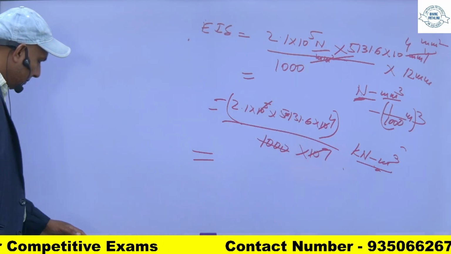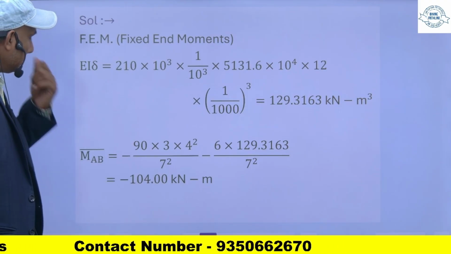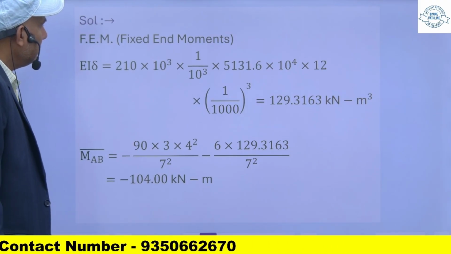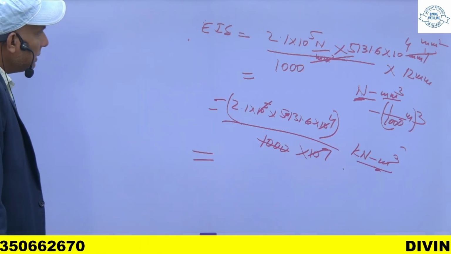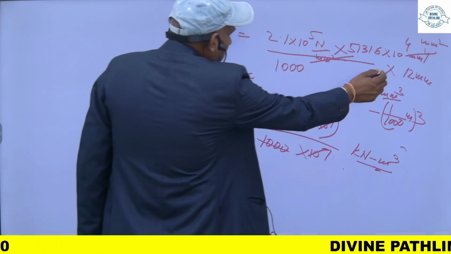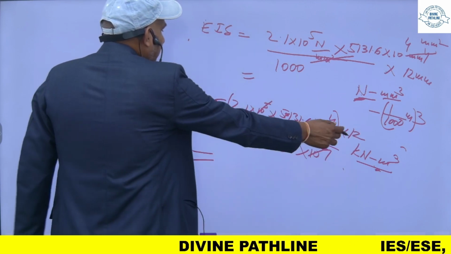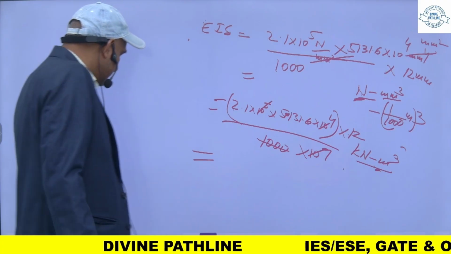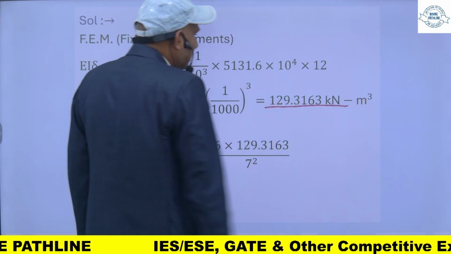We will get in 10 something kilonewton, and this multiplied by 12 also. This will be 60 into 2, 120 something, 129.31 kilonewton cube.